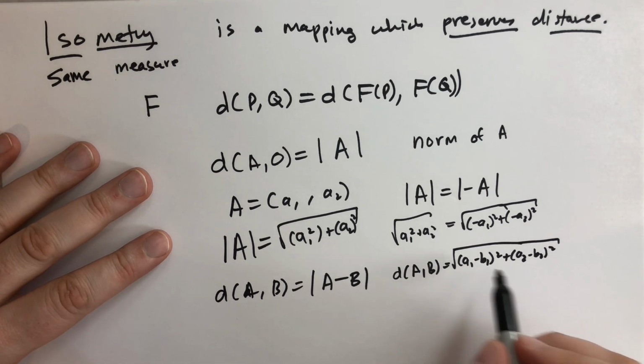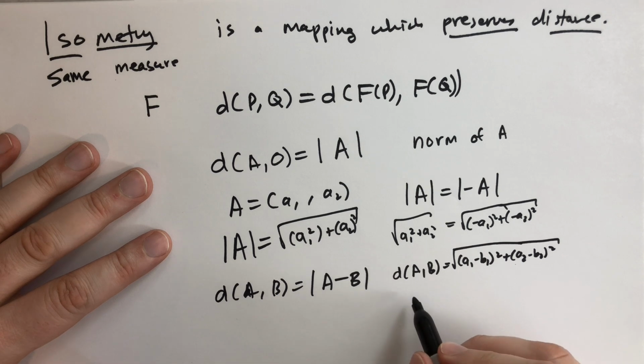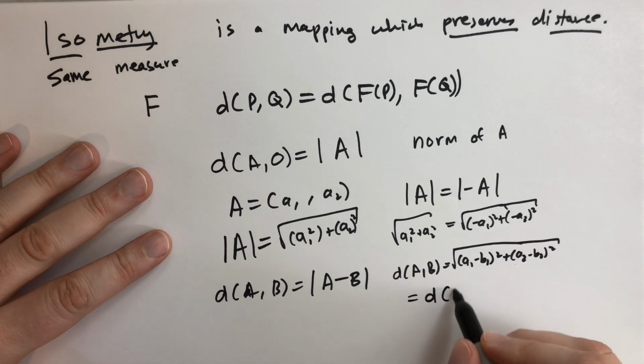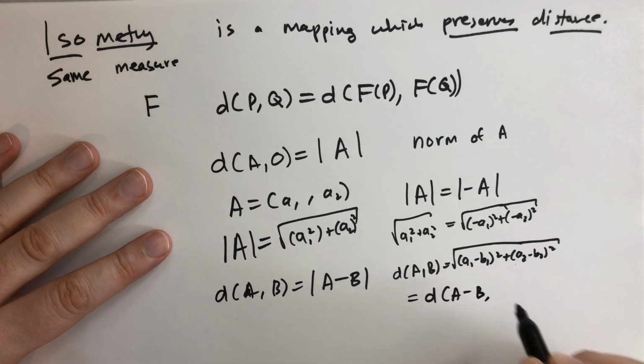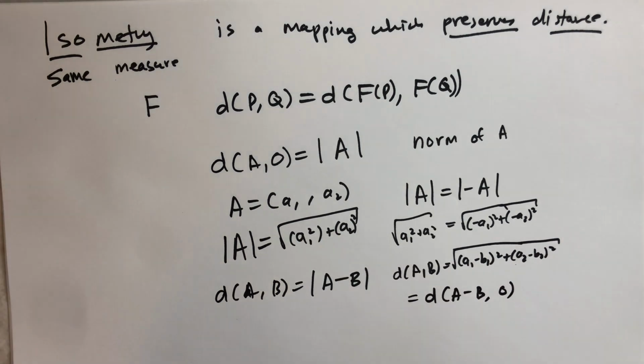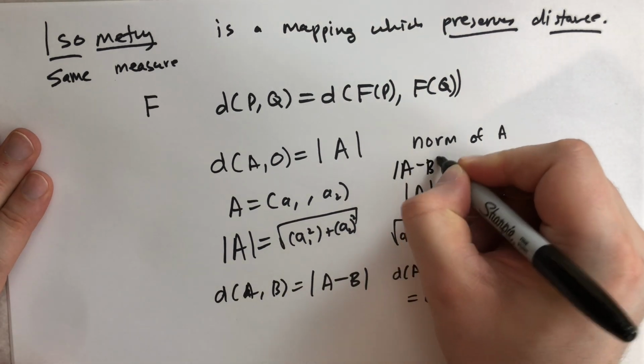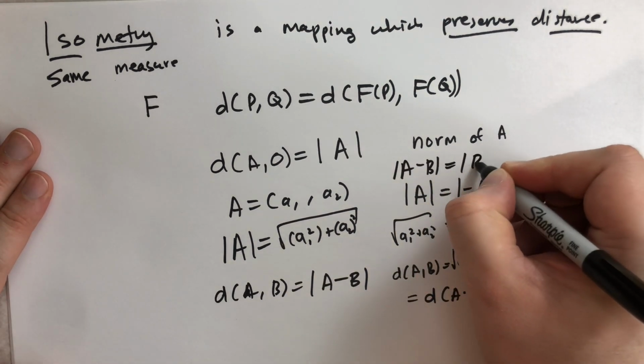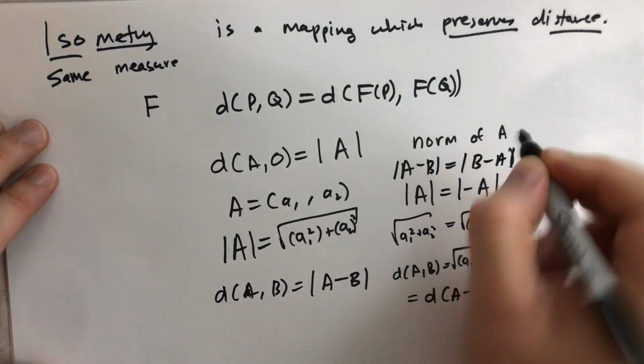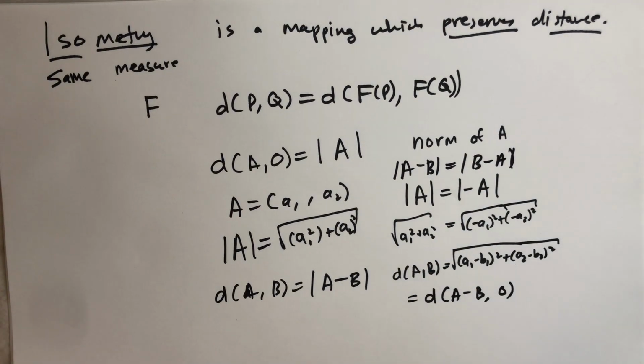That's (A1 minus B1, A2 minus B2). So this is the same as the distance between A minus B and 0. Okay, pretty easy to prove that. We also have the relationship that the norm of A minus B is the same as the norm of B minus A, because we can take the inverse of them and it works.